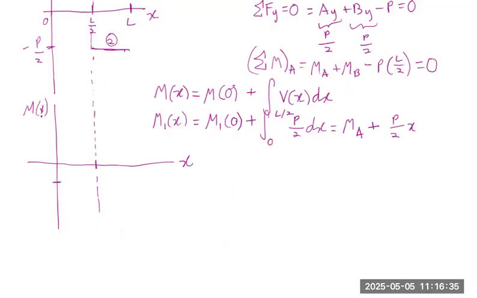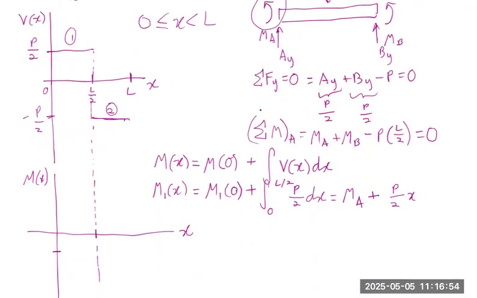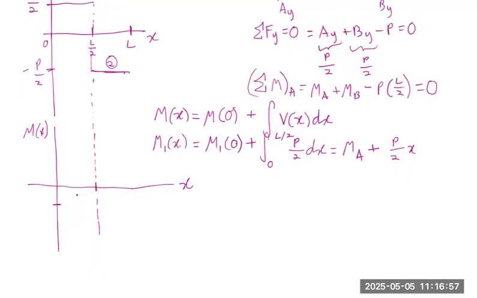Because when graphing the moment diagram, if we have a positive moment in our free body diagram, we actually drop down. So it will be negative MA over here. And then we have a positive slope because P over 2 times x is a positive slope. And we end up over here.